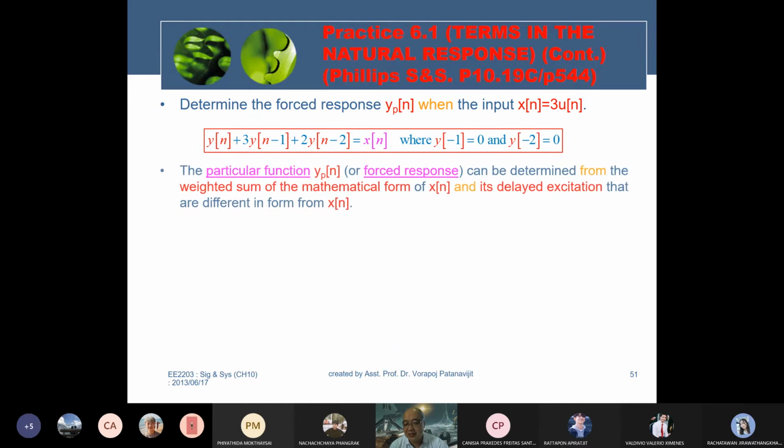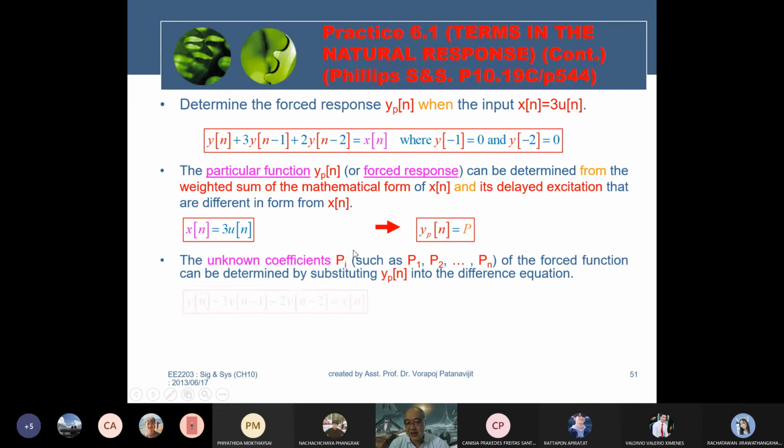The next one, we determine the particular function yp, or the forced response, which can be determined from the weighted sum of the mathematical form and its delayed excitation of xn. In this case, xn is 3, a constant, right? Therefore, we set yp equal to a constant p. We substitute p in this case.